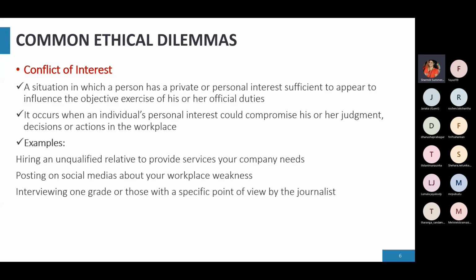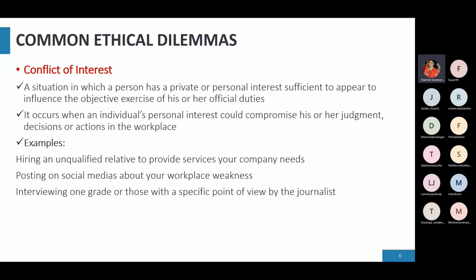But we are not going to analyze whether he is having any personal problem with the employer, or whether all the information provided by him is true or not. We are just overlooking all those things. So it is a conflict of interest.